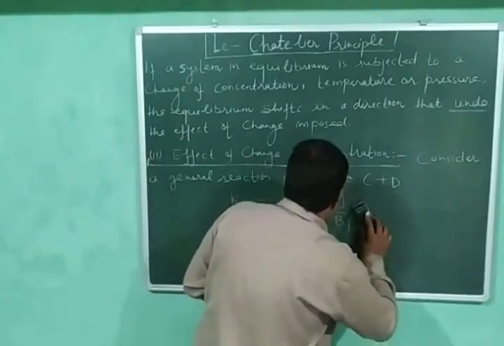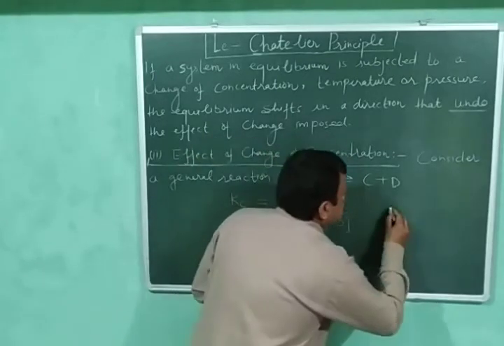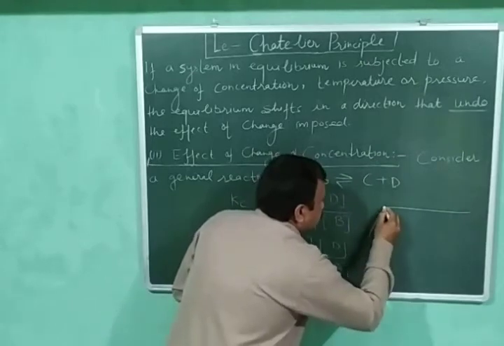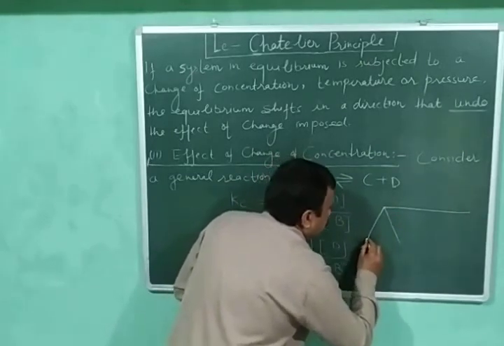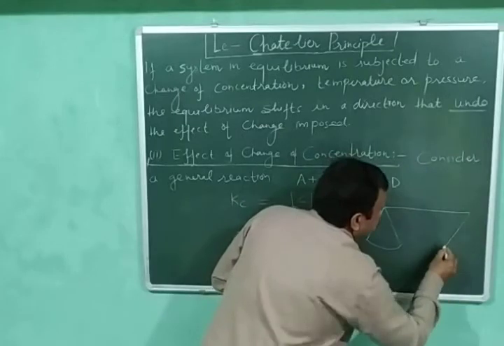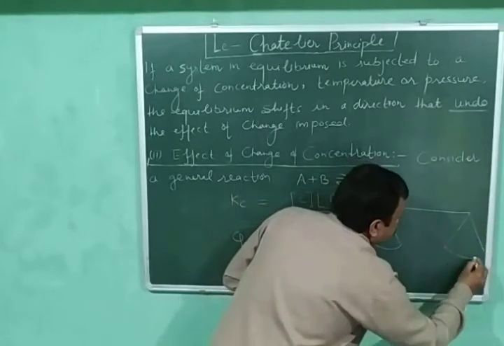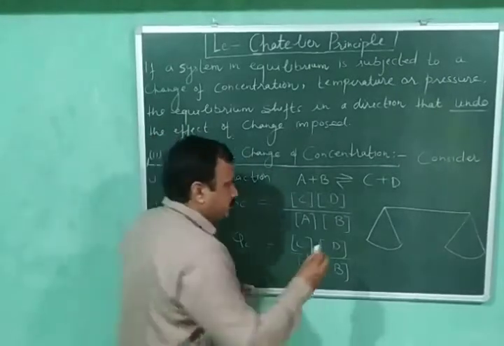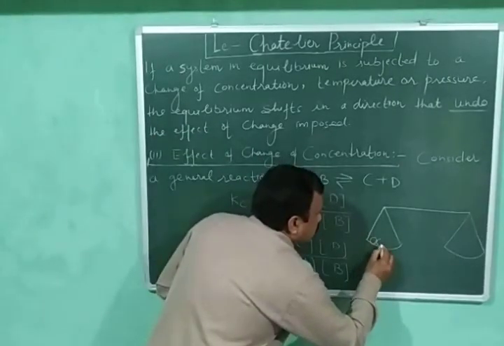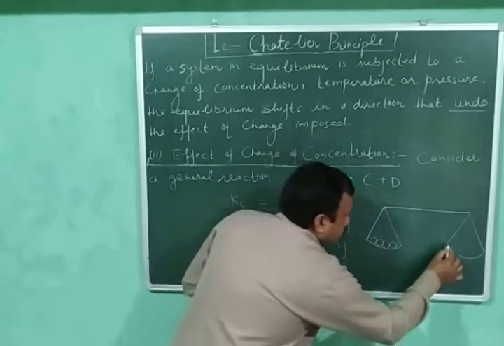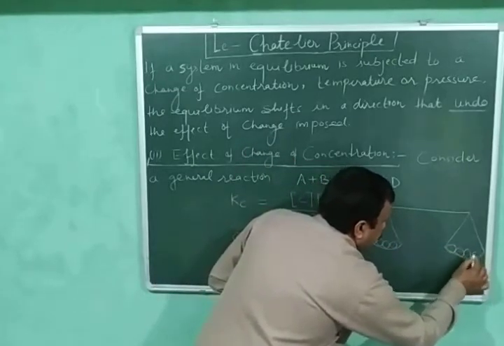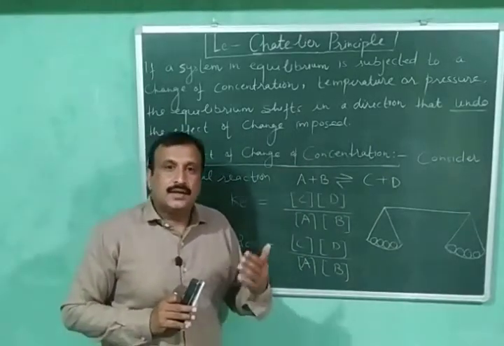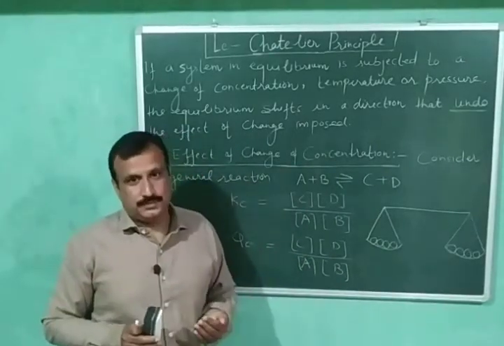Let us consider a balance. So here we have a balance and we have 4 balls in each compartment. It is 1, 2, 3 and 4. And this balance is balanced, which means that it is in the state of equilibrium.